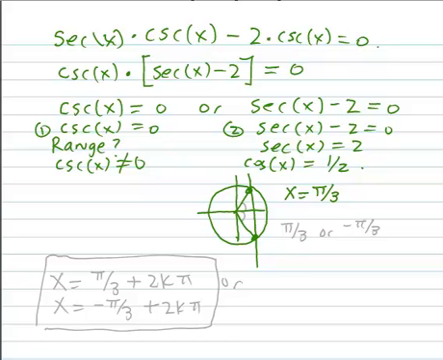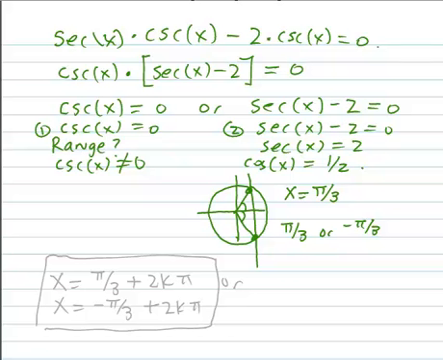Then we can use symmetry. If this is pi/3, down here would be pi/3 in the fourth quadrant as well. So pi/3 or minus pi/3 are the two fundamental solutions to where cosine is equal to 1/2.